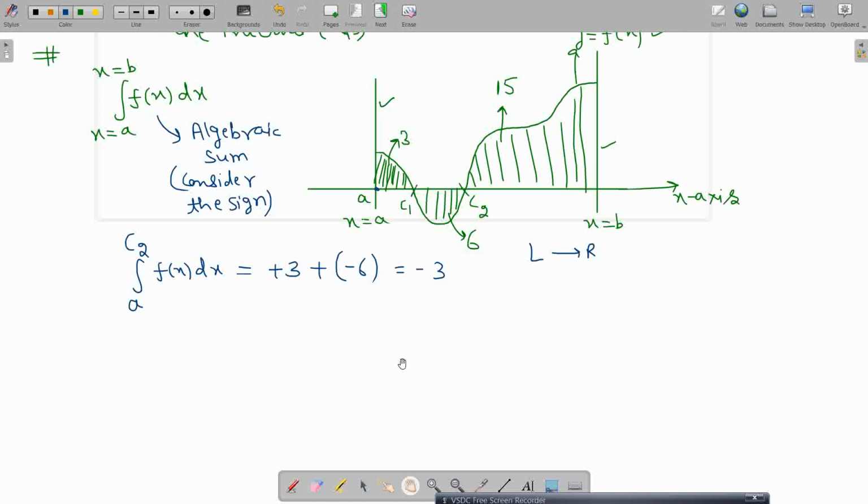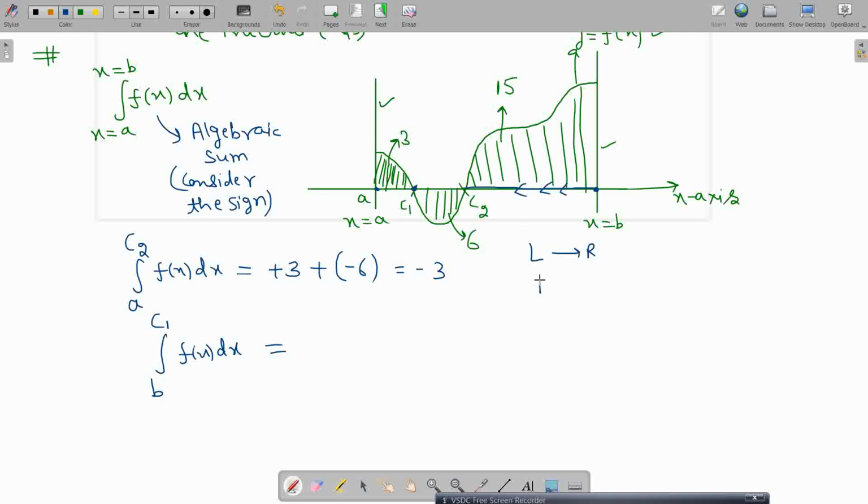Okay, what if I say I have to go from b to c1, f of x dx? In this case you are going from this point b to this point c1, in this direction.